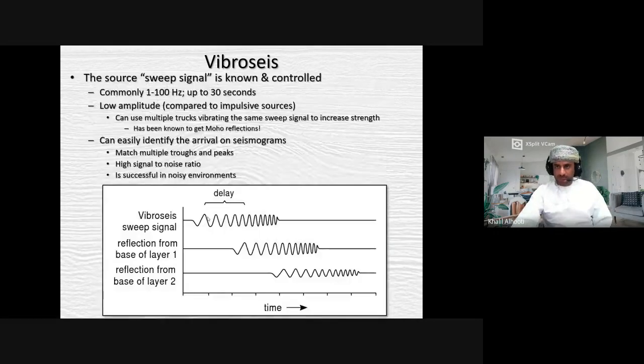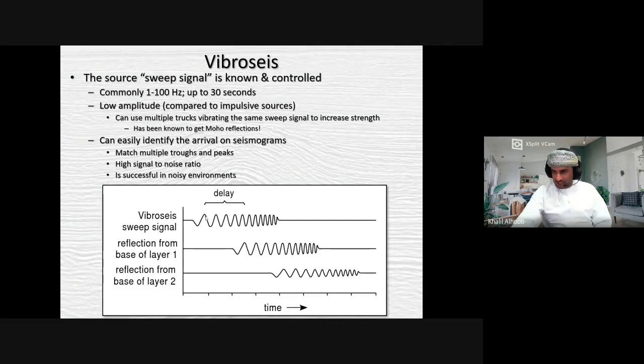Here is what I call the signature of the energy, or the signature of the wave sent by a Vibroseis. It's a sweep. They call it a sweep because if you track this change in amplitude, you will find its frequency is increasing.